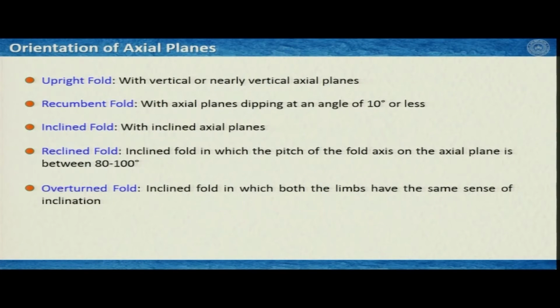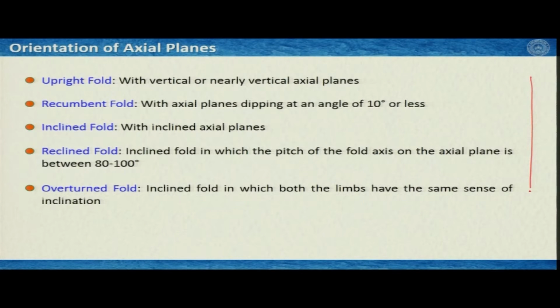So based on the orientation of axial planes, we classify folds as upright folds, recumbent folds, inclined folds, reclined folds and overturned folds. The definitions are given here, and now we will see them in the form of illustrations.